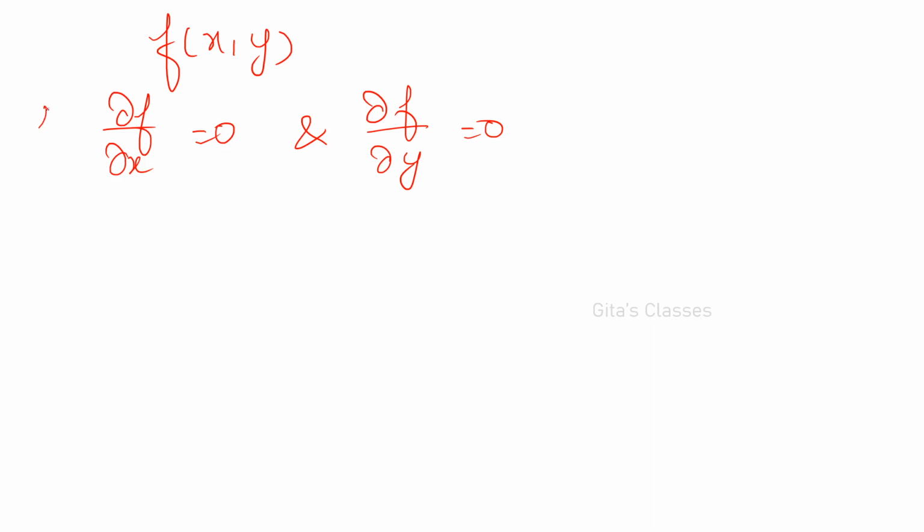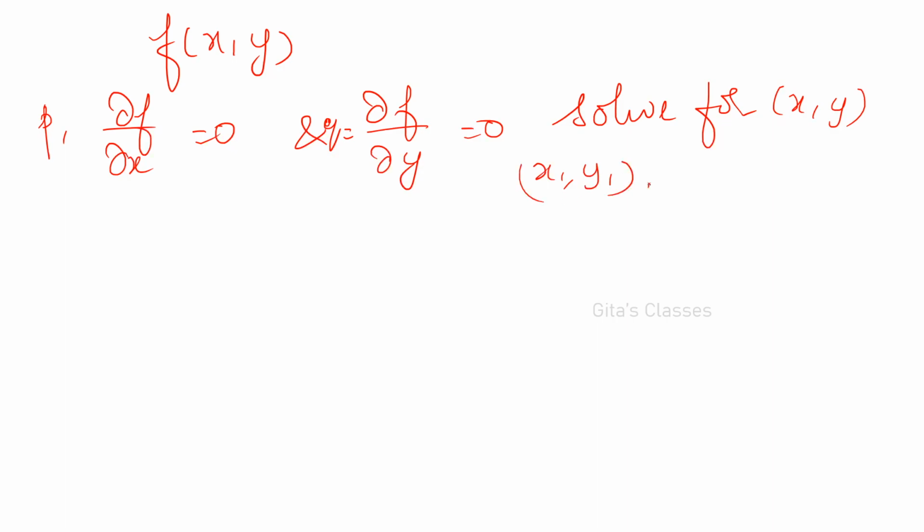This is our P, this is our Q. Then solve these two equations simultaneously for x and y. You will be getting some points x1, y1, x2, y2 and so on. These are called stationary points.